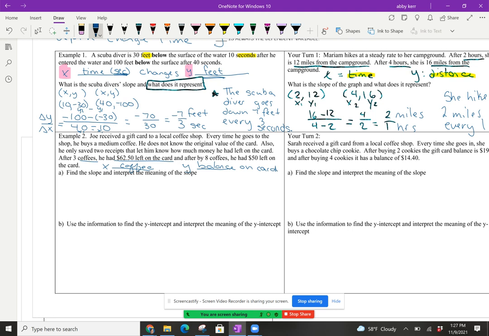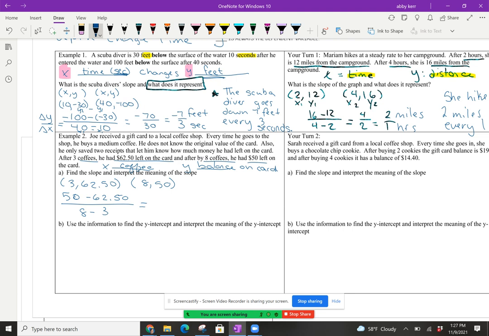So we want to make our ordered pair. It's going to be 3, 62.50. And then he bought 8 coffees and had $50 left. So then we're going to do 50 minus 62.50 over 8 minus 3.